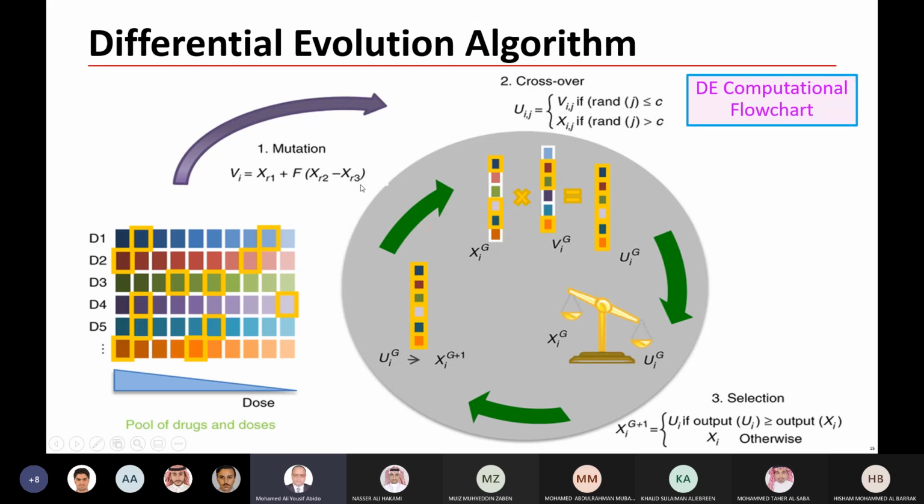You select 3 randomly, and then you create a Vi. Then you do crossover between the mutant vector and the parent vector, using the crossover factor CR, and you create the trial solution.